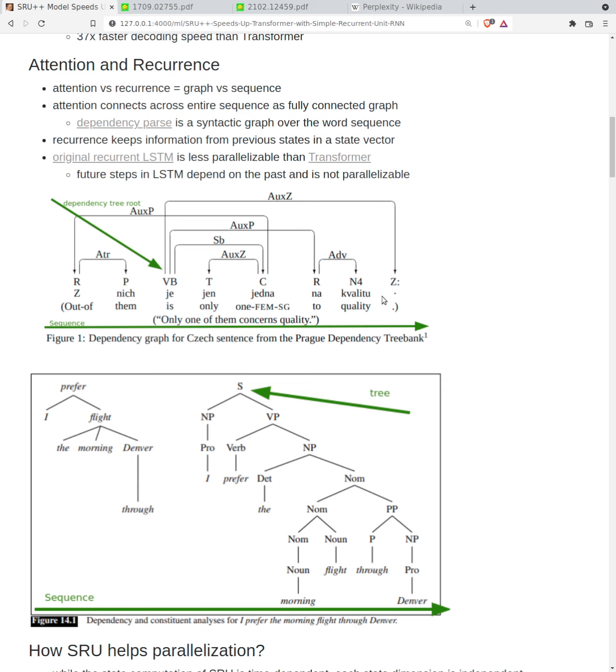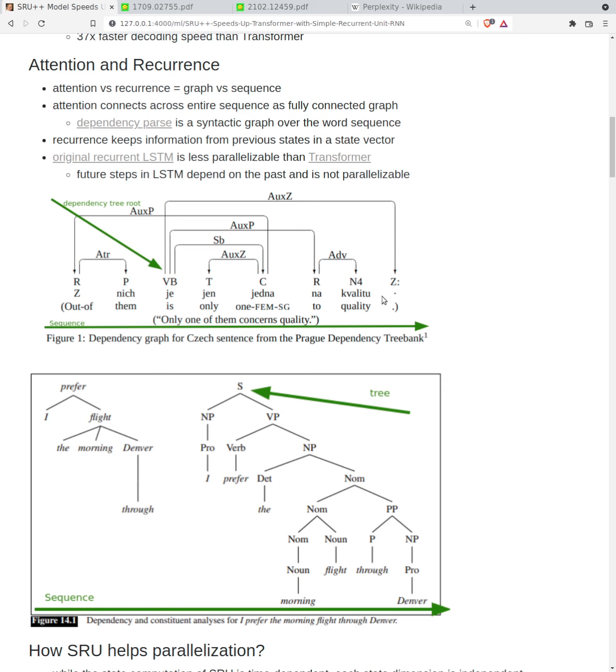So sentences are about trees, and that's why some kind of more general algorithm should be helping, right? At the same time, there is the sequence character as well. The sentence goes left to right. We read sentences left to right. So the sequence part is also important, but the general one is more important.